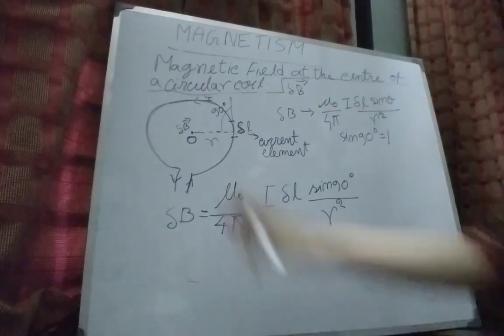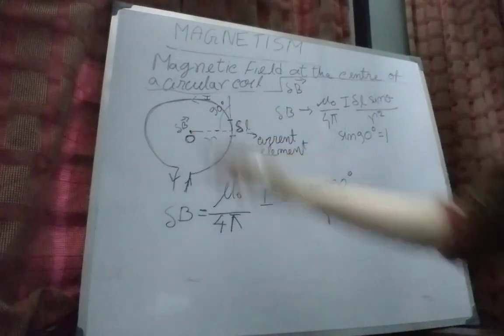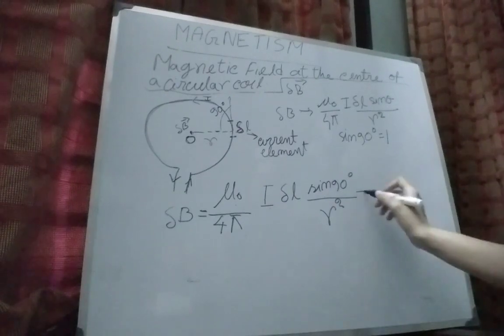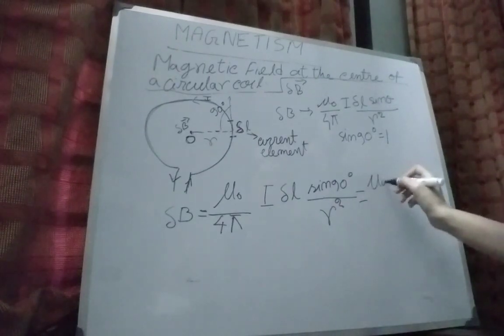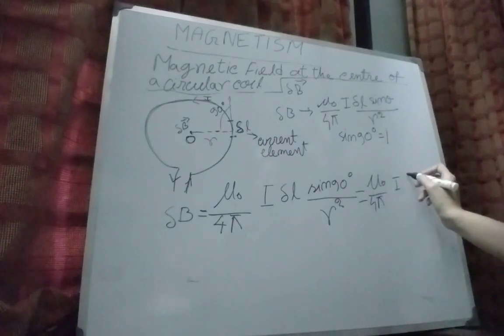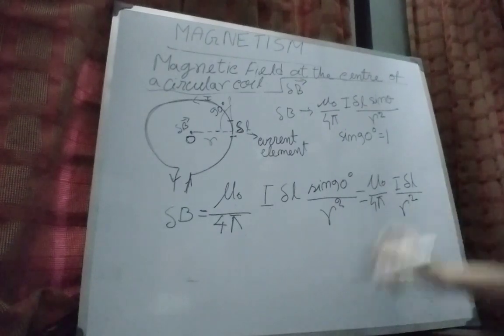So, in the case of the circular coil, the magnetic field produced due to del L at the center O will be mu 0 by 4 pi I del L sin 90 degrees by r square, which will be mu 0 by 4 pi I del L by r square.